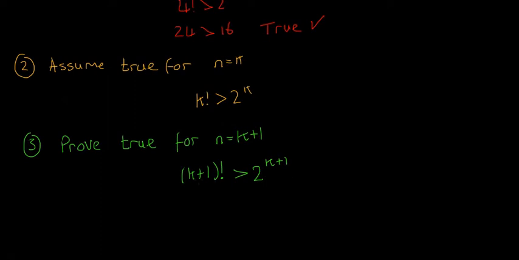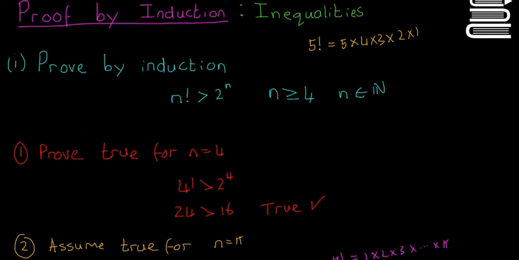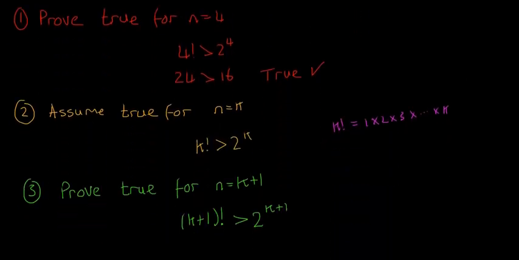The trick here is how to write k factorial or k plus 1 factorial in a different form. If you think of k factorial, k factorial is going to be 1 by 2 by 3 by all the way up to multiplied by k. I wrote it there going backwards, but it can be the same. You can go from 1 all the way up to k.